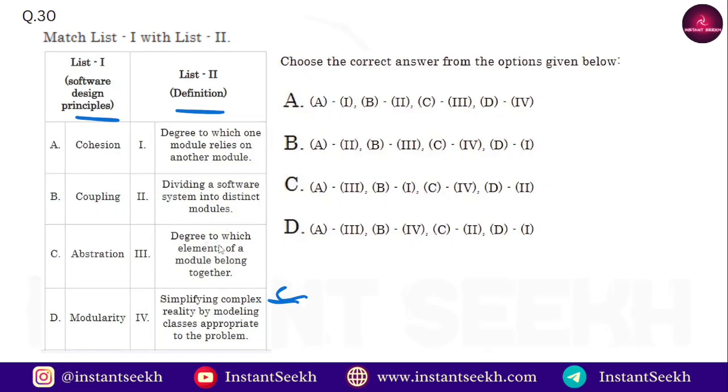Here, cohesion is the degree to which elements of a module belong together. Cohesion means togetherness, so option 3 will be A. Next, coupling.